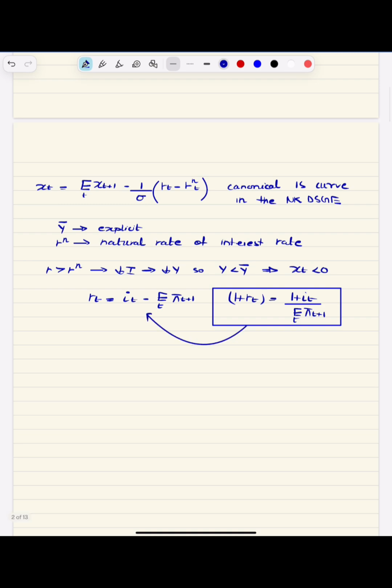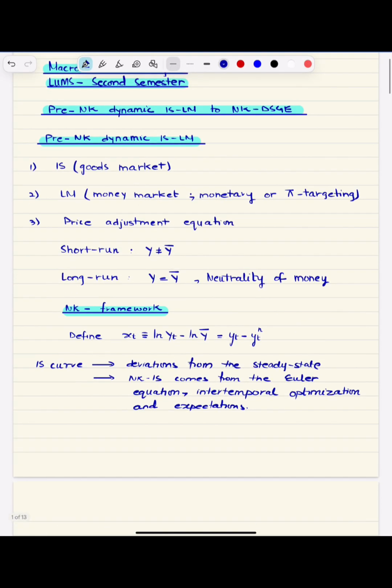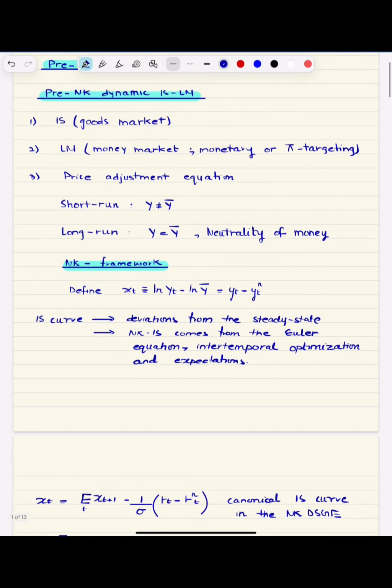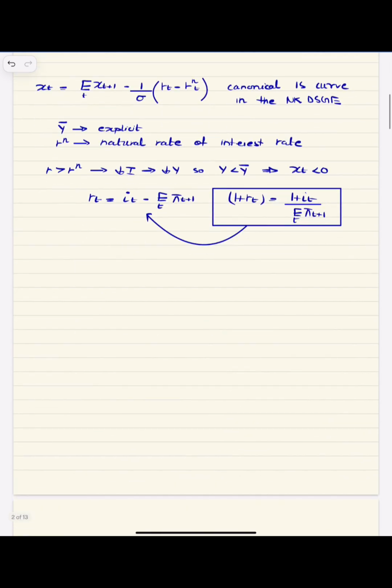So we've already talked about the IS curve. What happens to the LM curve? This was point number 1, and point number 2 is what happens to the LM curve. In this framework, we're going to replace the LM curve with a Taylor rule, or you could call it the monetary policy response function.